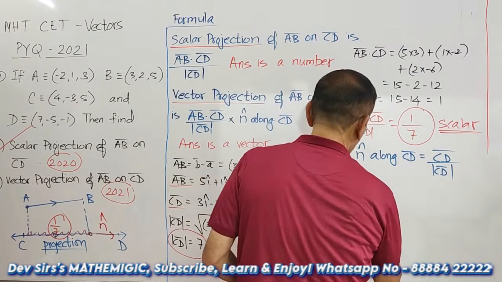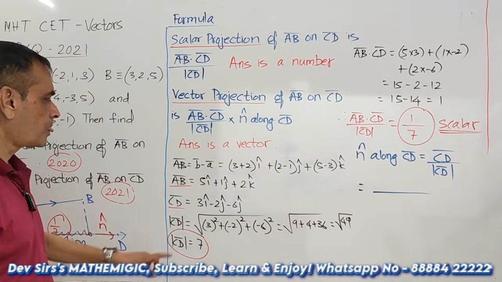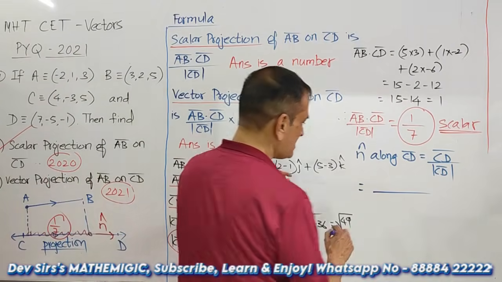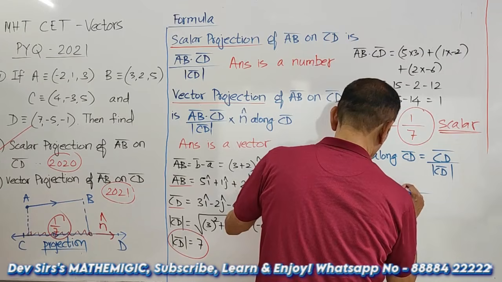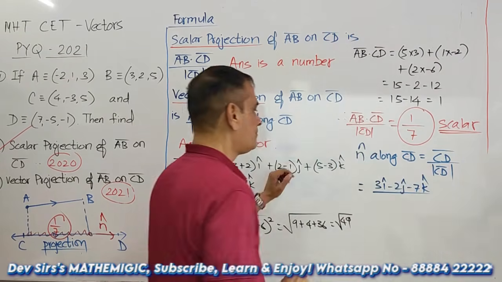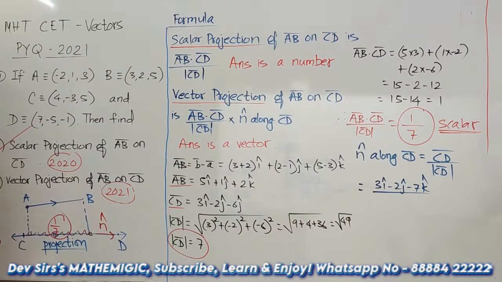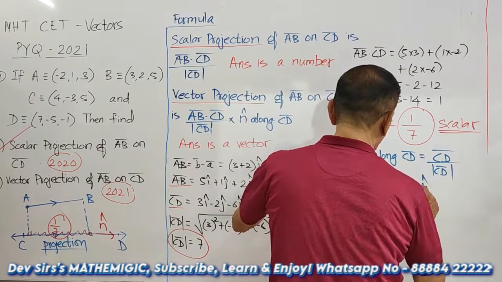So we already have vector CD, 3i minus 2j minus 7k. We also have the magnitude of CD.